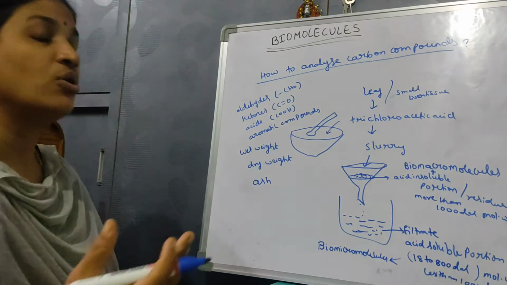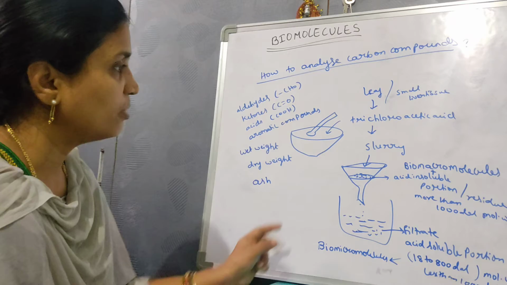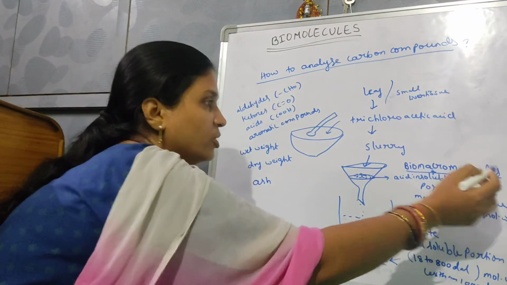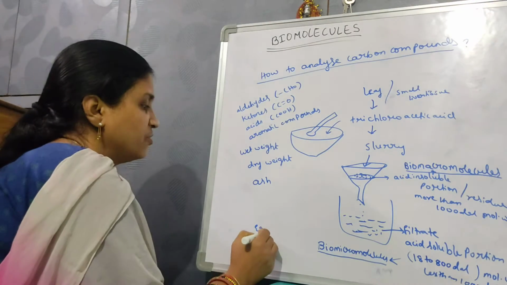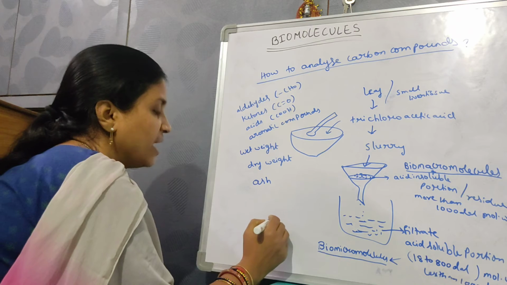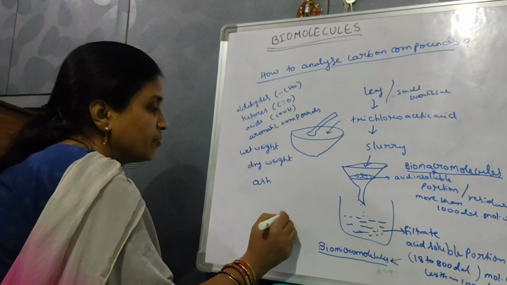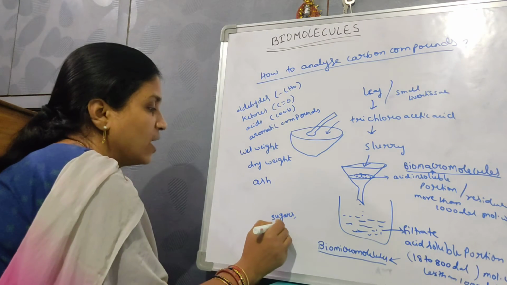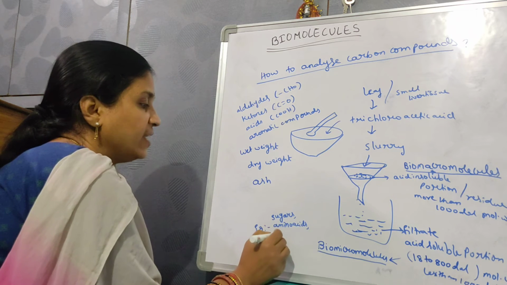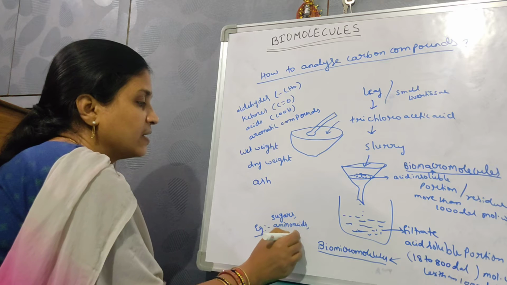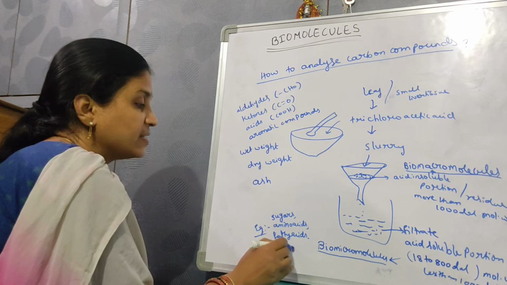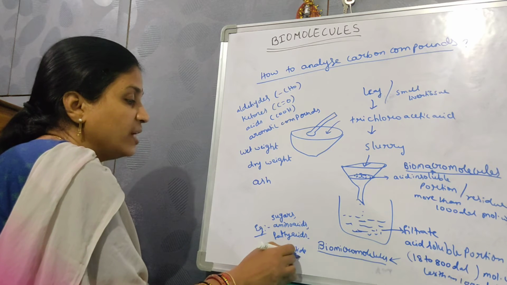Based on the biological point of view, these biomicromolecules and biomacromolecules have examples. Biomicromolecules include sugars, amino acids, fatty acids, and nucleotide bases.